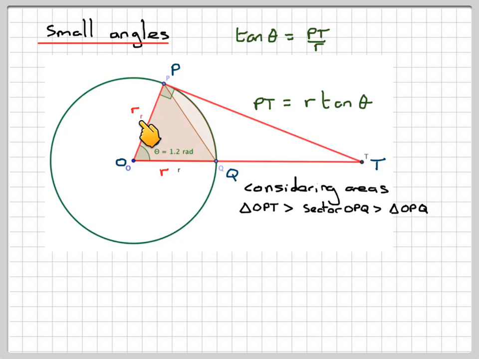Right, now the area of the larger triangle is going to be, using a half base times height, R times R tan theta divided by 2, so it's going to be a half R squared tan theta. The area of this sector here is going to be a half R squared theta.